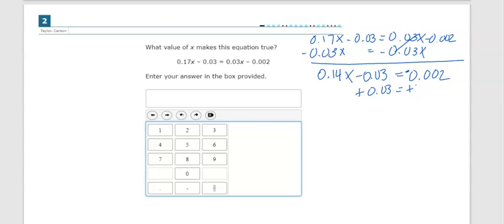So you can line up the decimals there, but I would go ahead and just put it into the calculator. So you're going to put in negative 0.002 plus 0.03. All right, so you should have got on the calculator 0.028.